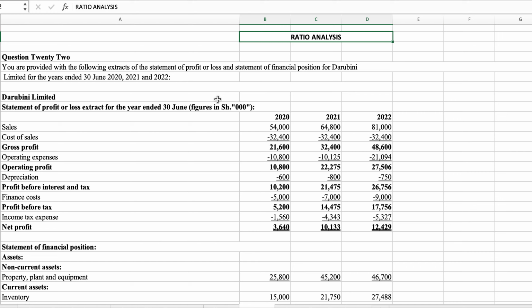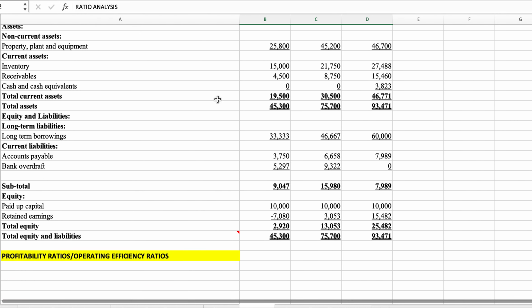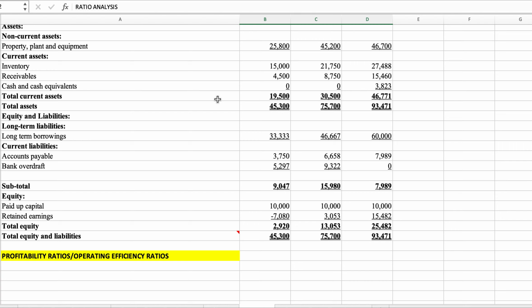2021 and 2022. So friends, ratios are of different categories. We will cover them in the subsequent lessons. But today, let us look at one of the categories of ratios, which is profitability ratios.